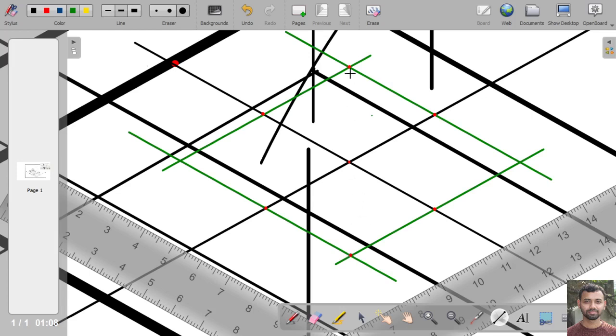This is the opposite point of this point, and these are the adjacent sides of this point, and these midpoints will be connected with this point. So we will connect this midpoint with this corner point. Similarly, we will connect this corner point with this midpoint also.